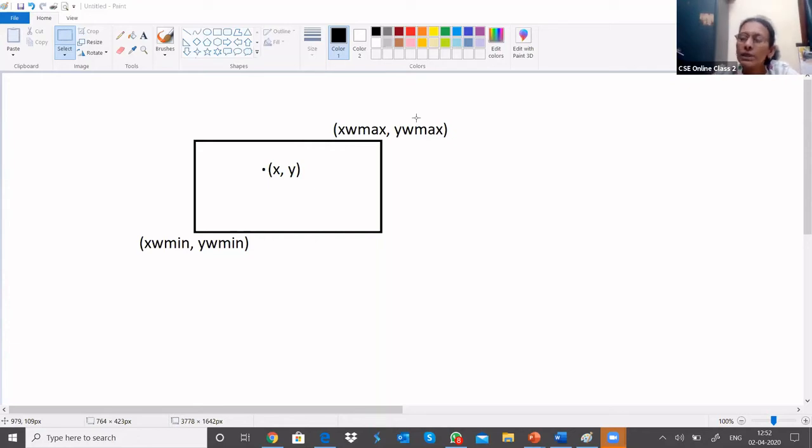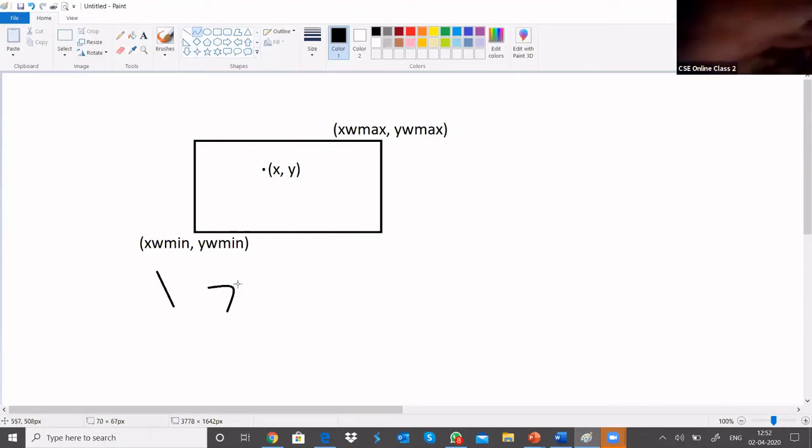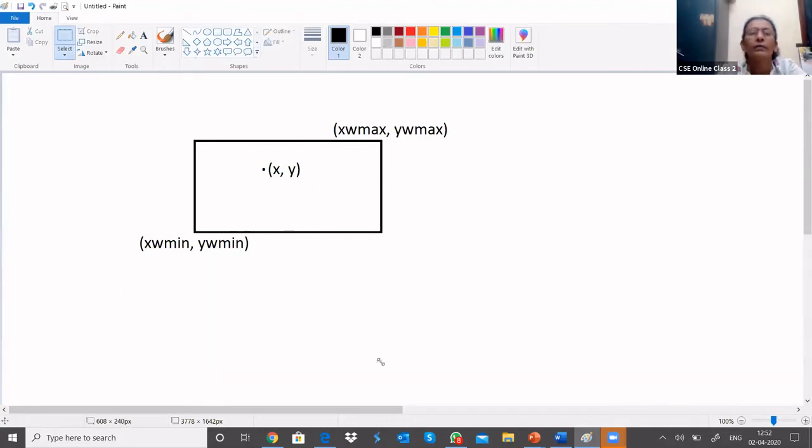So what is the inequality that we write? We can write it as XW min is less than or equal to X. The other condition is X is less than or equal to XW max.